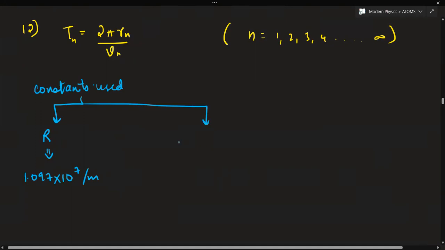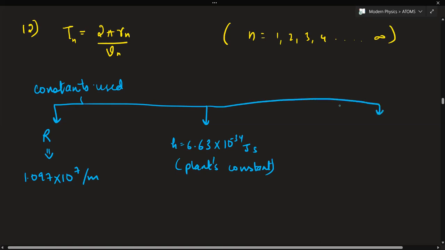Another is 6.63 into 10 to the power minus 34 joule second, which is Planck's constant. And the final one is the mass of an electron, which is 9.1 into 10 to the power minus 31 kg. All right, so quickly note down these formulas.